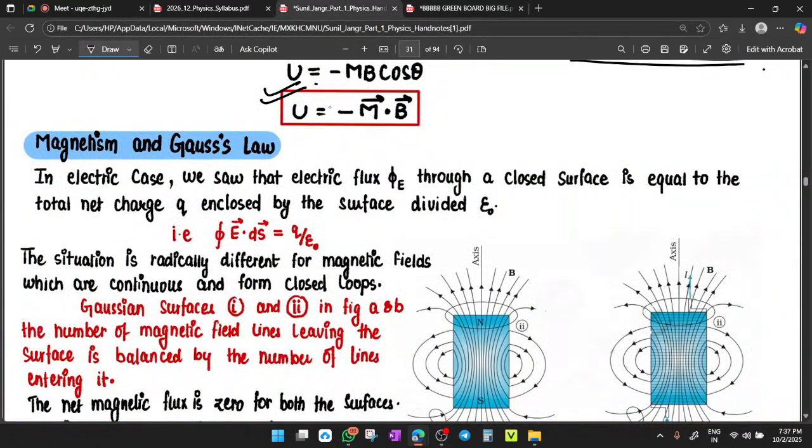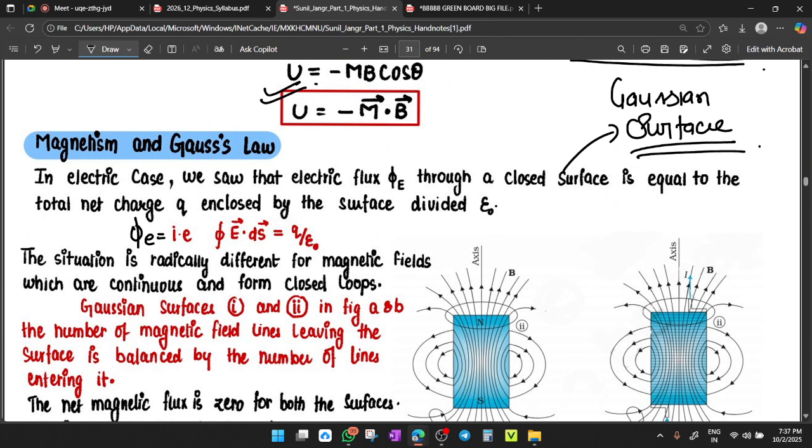Now we are discussing the Gauss law for magnetism. In the electric case, we saw that the electric flux phi E through a closed surface, called the Gaussian surface, an imaginary surface symmetric about the charge distribution, is equal to the total net charge Q enclosed by the surface divided by epsilon naught.